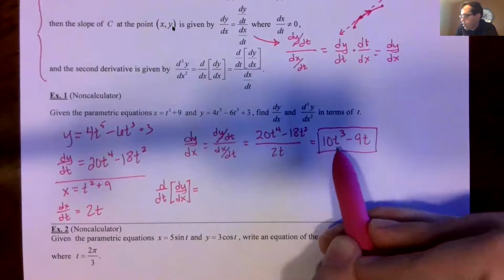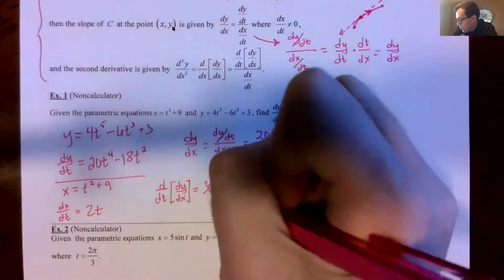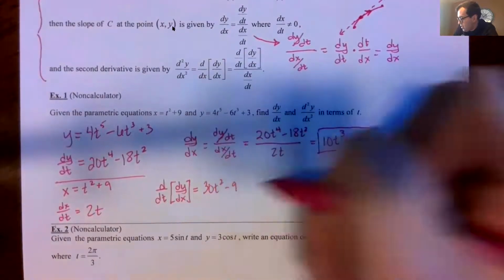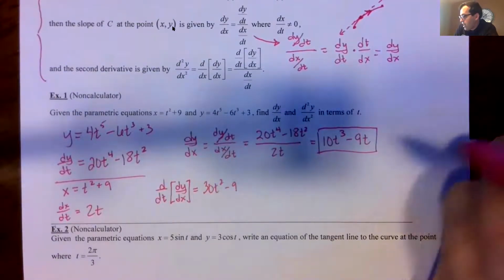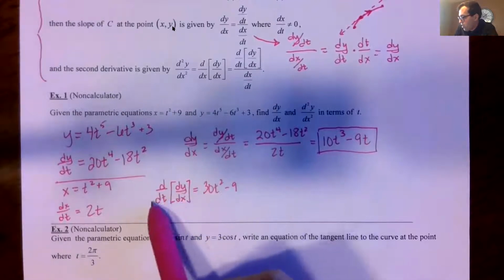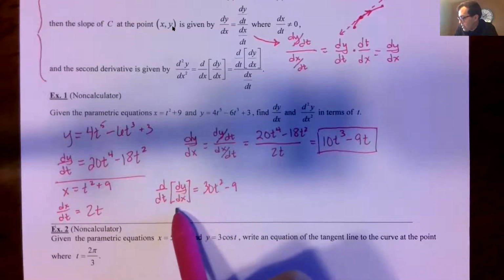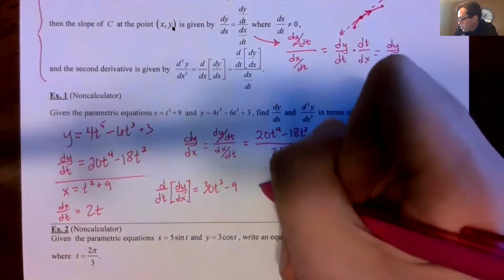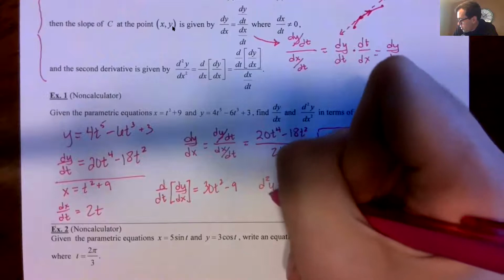So we'd have 30t squared minus 9. Okay, so now we have the d/dt of dy/dx, so the first derivative of dy/dx in terms of t.